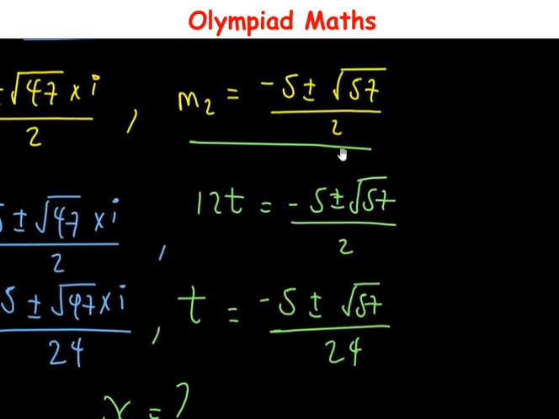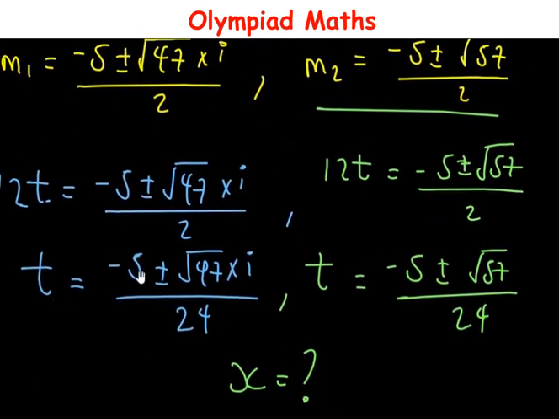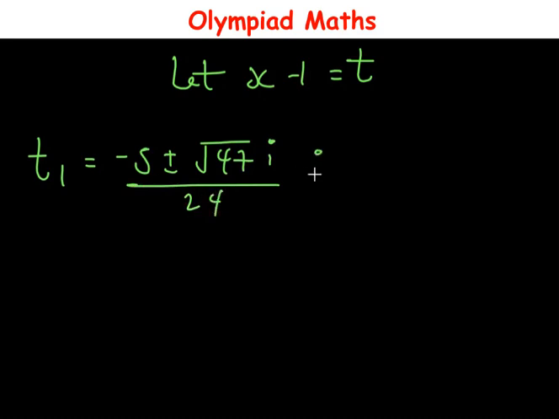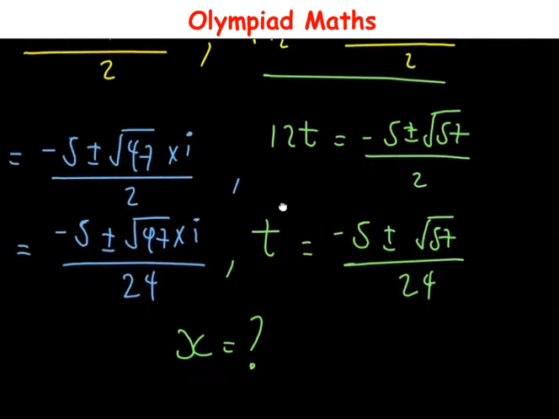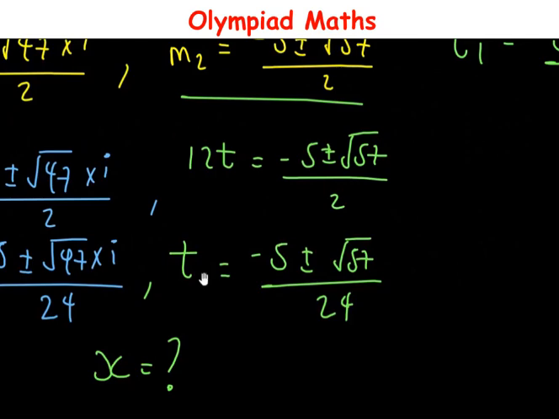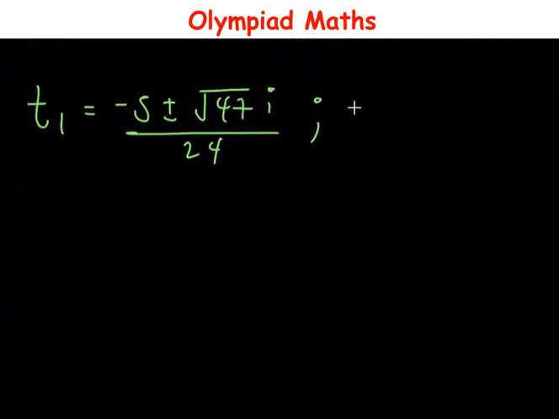The first solution of t is minus 5 plus or minus root 47 times i over 24, so t1 is equal to minus 5 plus or minus root 47 times i all over 24. And for the second solution, t2 equals minus 5 plus or minus root 57 all over 24.